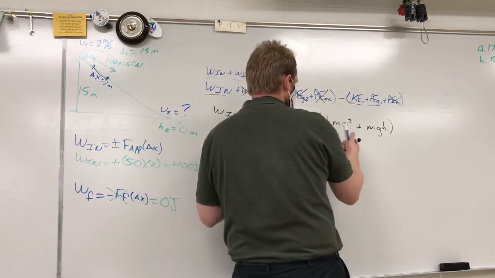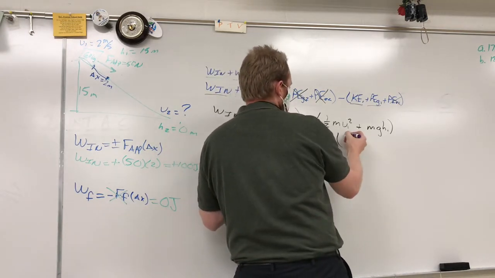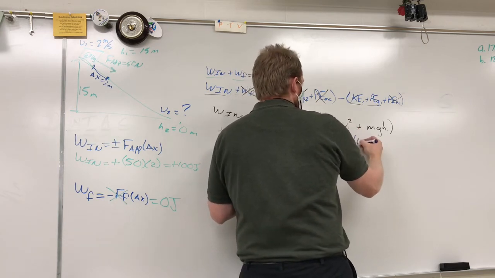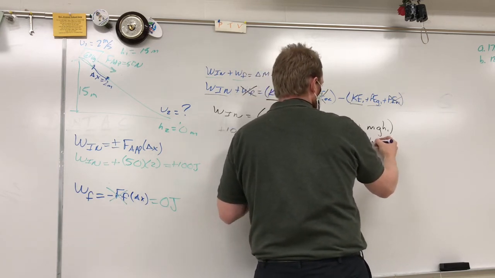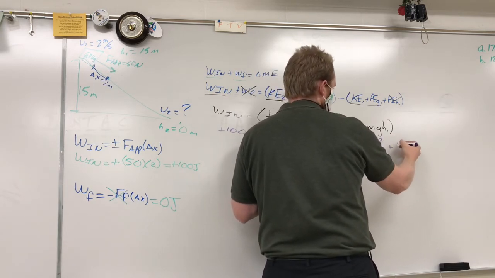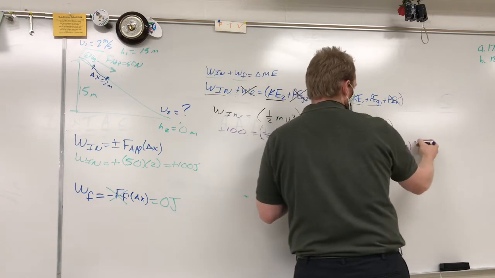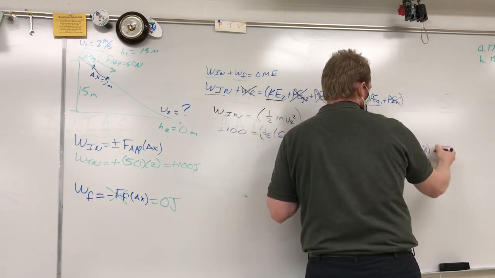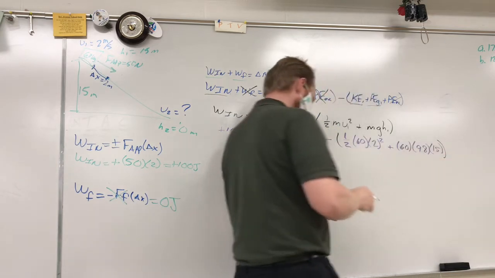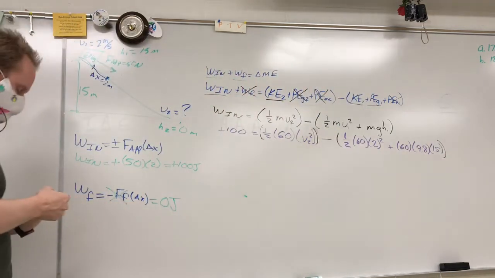Minus parenthesis 1/2 times 60, v1 is 2 squared, plus 60 times 9.8 times 15, and that closes that outer set of parentheses.